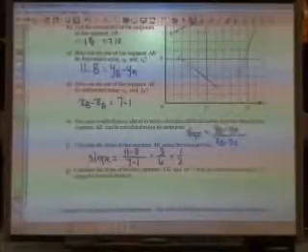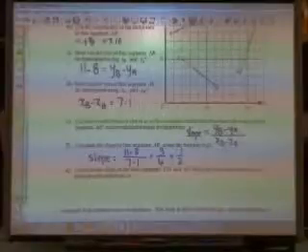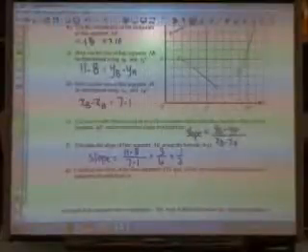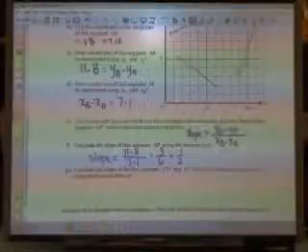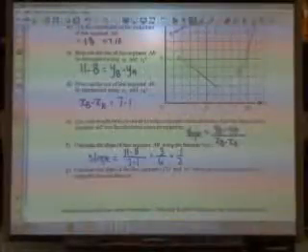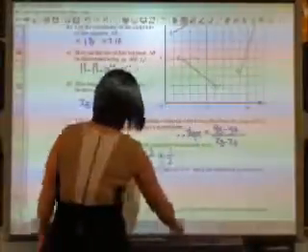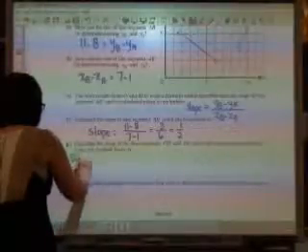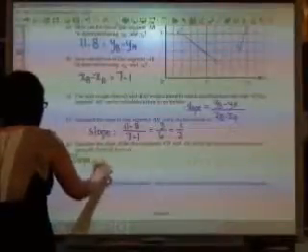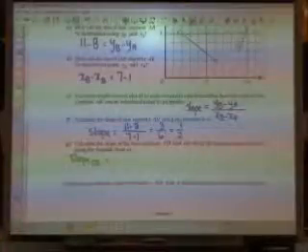So I want you to use this formula that we've developed to find the slope of line segment CD and line segment EF. Okay, so for the slope of line segment CD, it's the difference in the y coordinates.